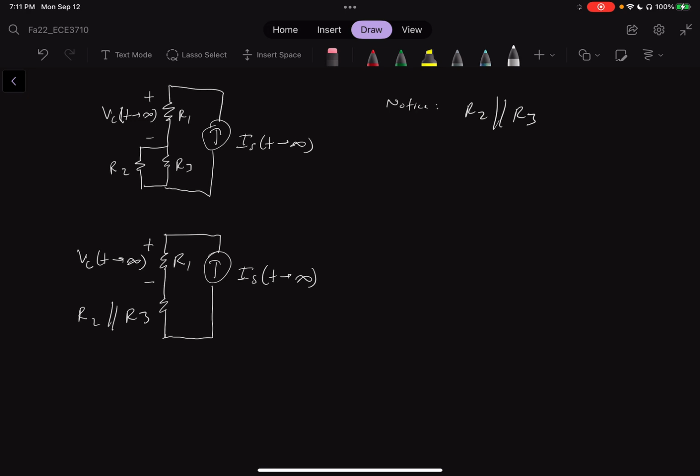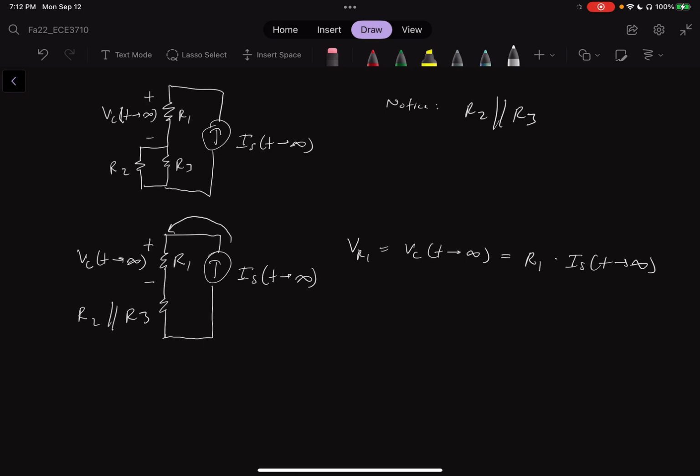So now what we notice is that the voltage across R1 is equal to the voltage across the capacitor as time approaches infinity, which is equal to, using Ohm's law, R1 times who? Well, the current's going this way. So it's R1 times IS as t approaches infinity.